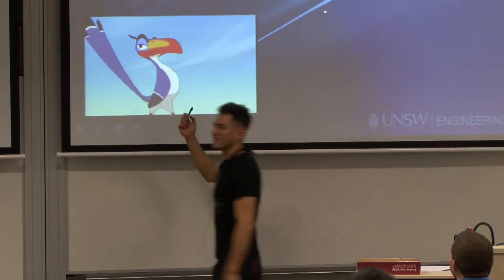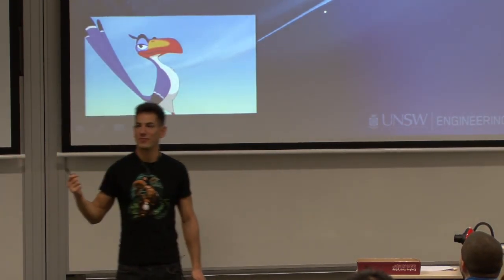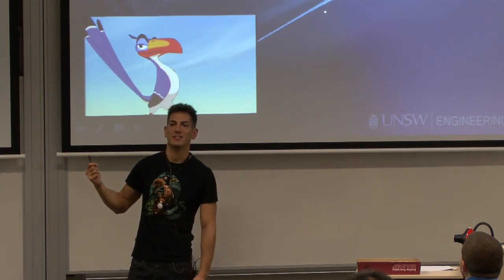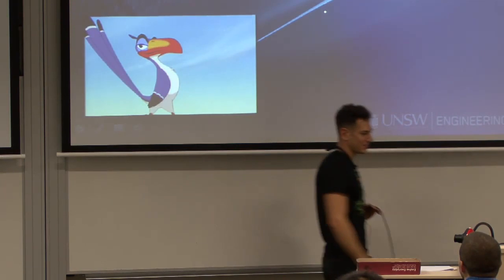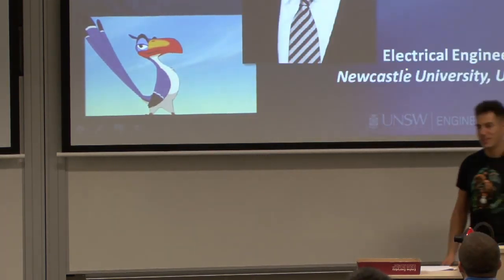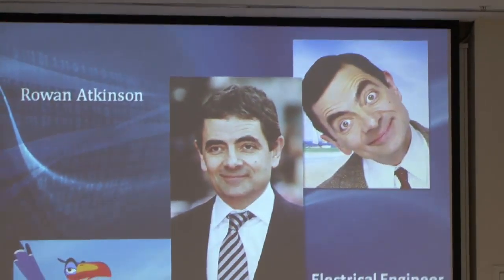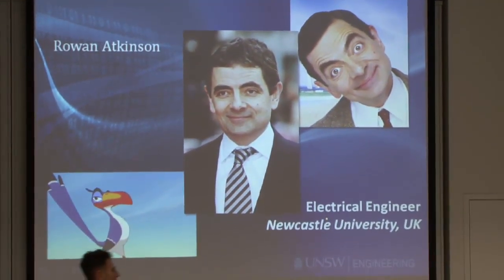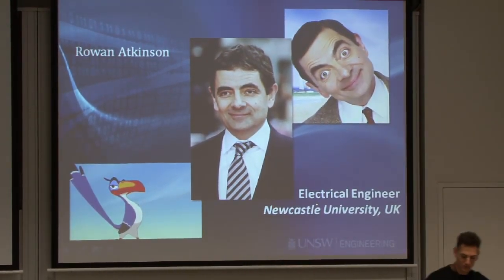How is Ron Atkinson related to all of this? He's not a doctor. He's an engineer. In fact, he's an electrical engineer from Newcastle University. He got a bachelor in electrical engineering from Newcastle University.